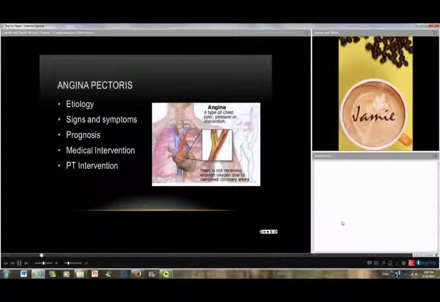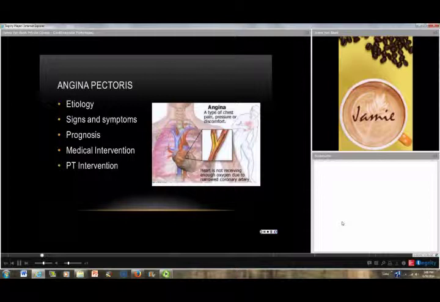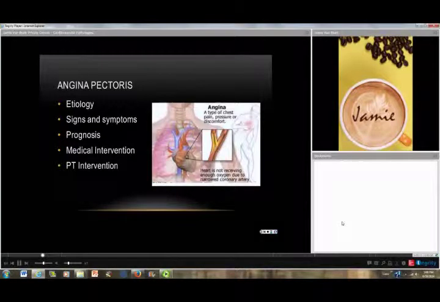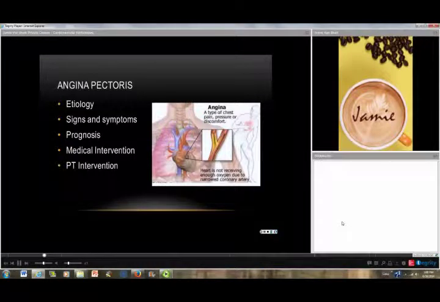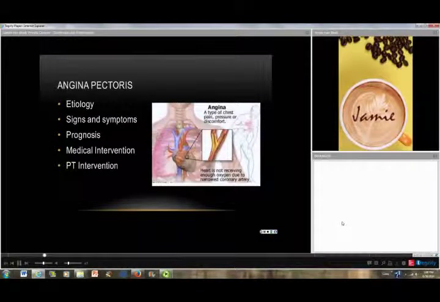But let's say you're in an outpatient clinic, the patient is there for a torn rotator cuff, and you're doing exercise with them and all of a sudden they start to have chest pain. And they say, I have angina. You can ask the patient, do you have nitroglycerin with you? If they have that with them, you can advise them to take one, and at the same time you're calling 911 or having someone else call 911.